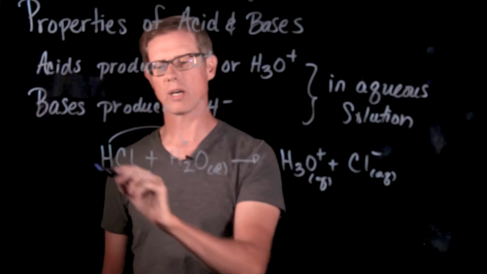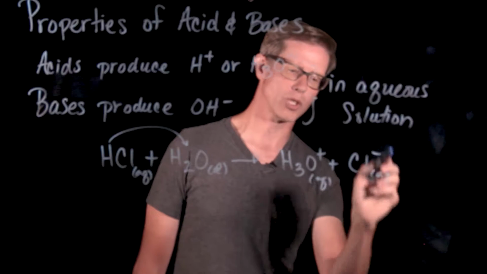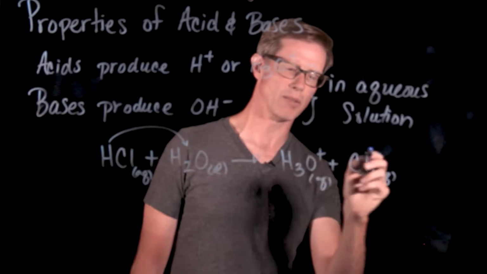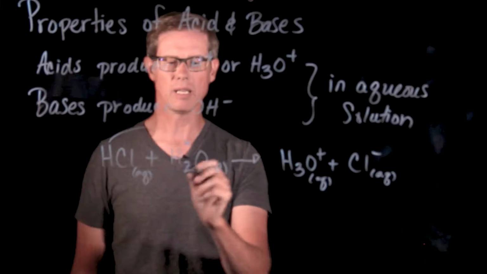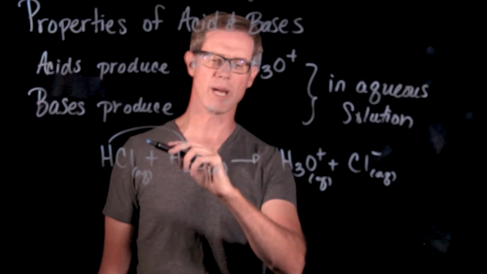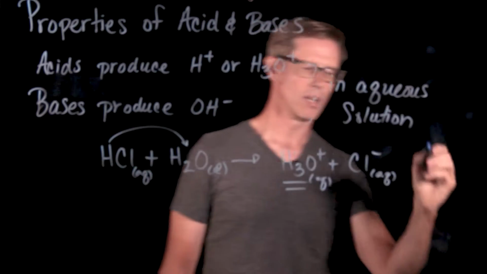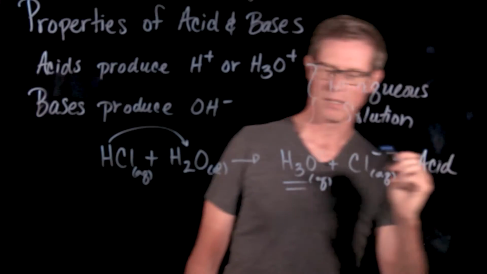My total charge on the reactant side is 0. My total charge on the product side is also 0. This plus and minus cancel out. So I'm electrically neutral here and here, so I'm completely balanced for mass and for charge. And I produce H3O plus, so HCl is an acid.